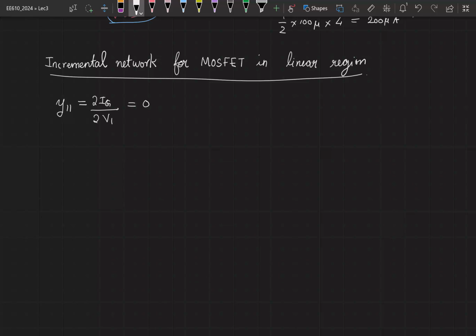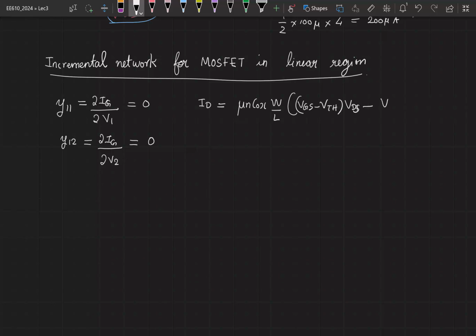This is 0 because Ig is a constant 0 throughout. Y12 is dou Ig by dou V2. This is also equal to 0. Right?